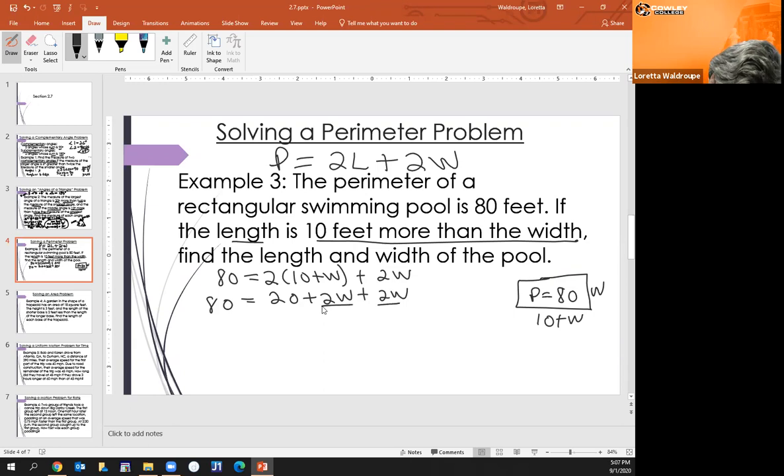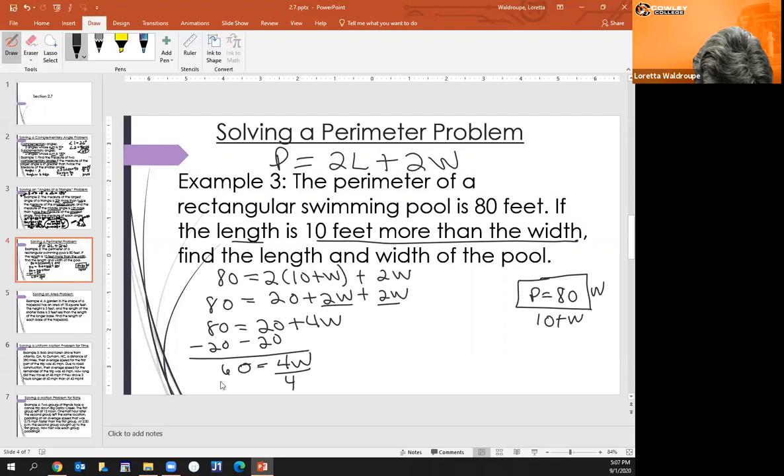Combining my 2 W's, and subtracting my 20 because I'm trying to get W by itself. Divide by 4, and you get W equals 15, and the length is 10 plus that, or 25.